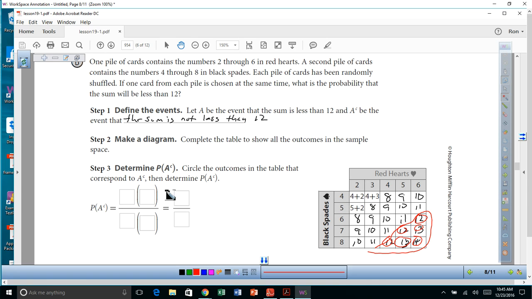So that's going to be 6 right here. That's going to be the number of the complement of A divided by the number in the sample space, which is 1, 2, 3, 4, 5, 1, 2, 3, 4, 25. Okay, that's not difficult at all.